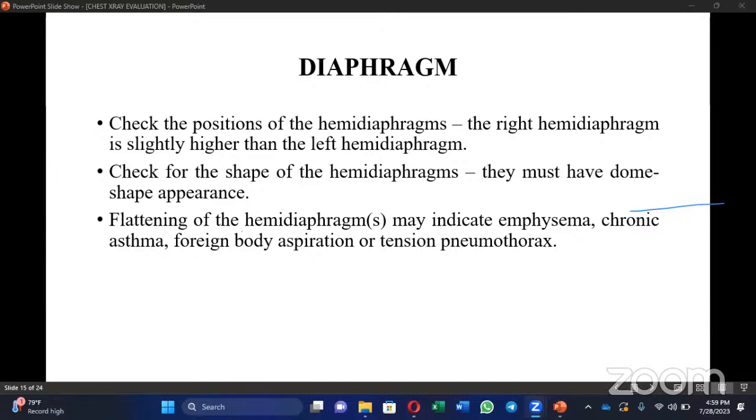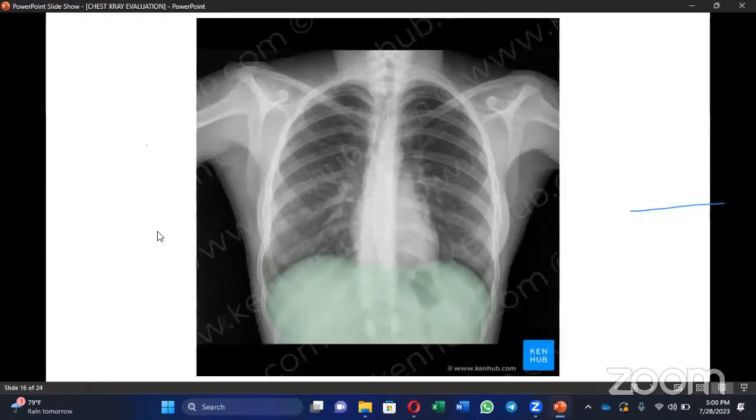Now let's move on to the shape of the diaphragm. It is very important to look out for the shape of the diaphragm. The diaphragm always appears dome-shaped. When we say dome-shaped, let me try and look out for some. Look at where the cursor is. That's the diaphragm, the right hemidiaphragm, and then the left hemidiaphragm.